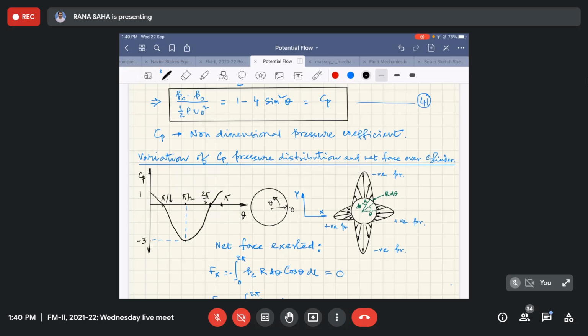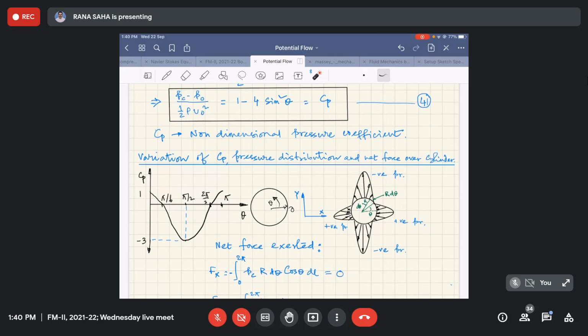So here typically the figure has been drawn up to pi, right? And on your right hand side you can correlate with this. So this is the part. This part actually only has been shown in this variation of Cp with theta. And on the other side, it is the repetition, as you can see.